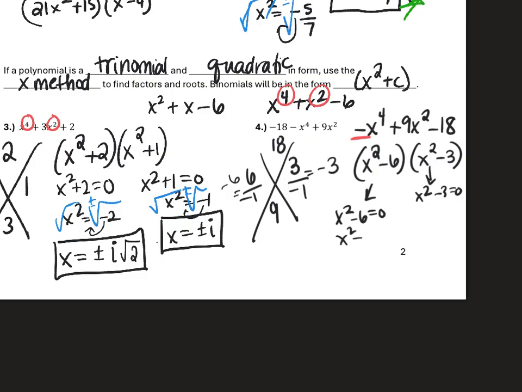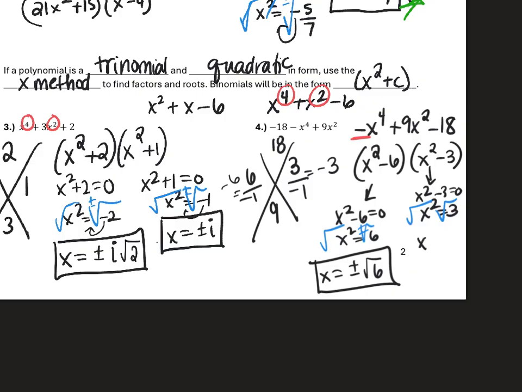So we get x squared equals 6, square root both sides, plus or minus, x equals plus or minus the square root of 6. And move over the 3, x squared equals 3, square root both sides, take plus or minus, x equals plus or minus the square root of 3. So those are my 4 roots when we do this factoring quadratic in form.